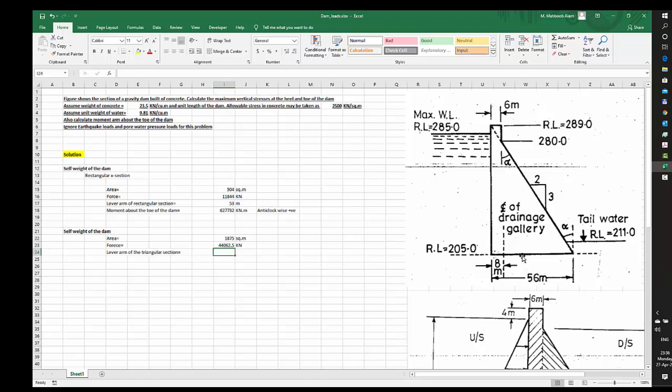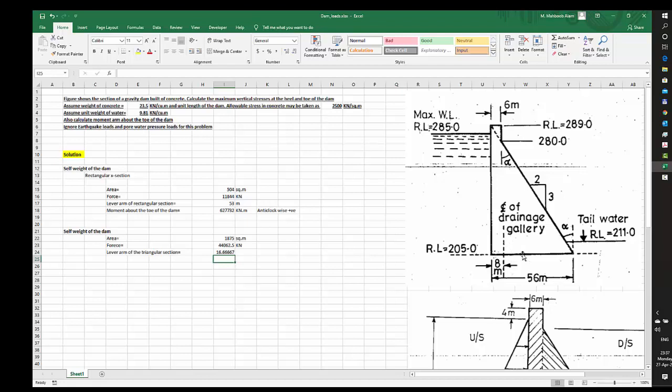So we will get 1 by 3 into 50. Fine. So this is equal to 1 divided by 3 multiplied by 50. So this is acting at 16.66 meters at this point. From this line, 16.6 meters here.